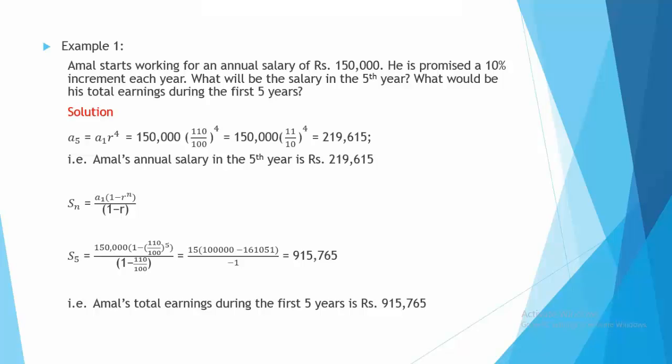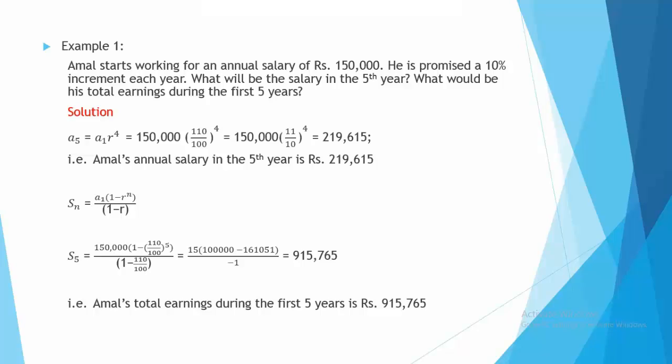In order to find the total earnings during the first 5 years, we use the formula for the sum of the first n terms of the geometric progression, which is Sn equals a1 times 1 take away r to the power n over 1 take away r.